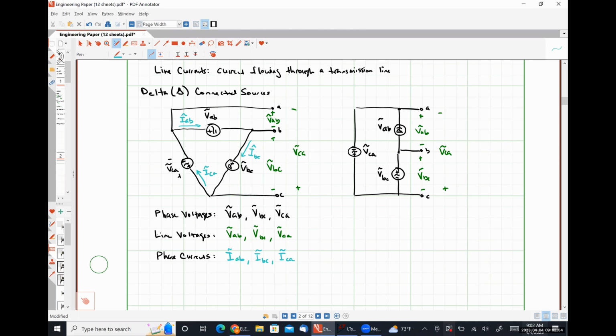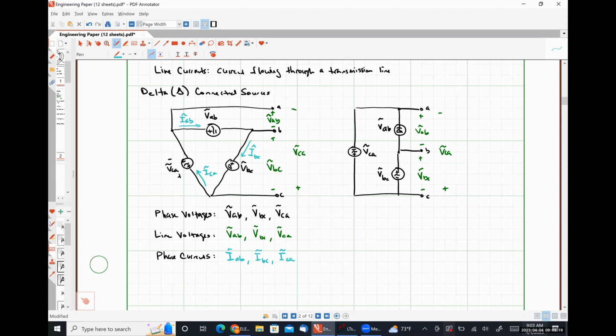Okay. So this is just another way of connecting a three-phase source. The internal connection on the stator is just slightly different, but otherwise things are the same. There aren't really any hard and fast rules for why you might want to use a Y connected source versus a delta connected source.